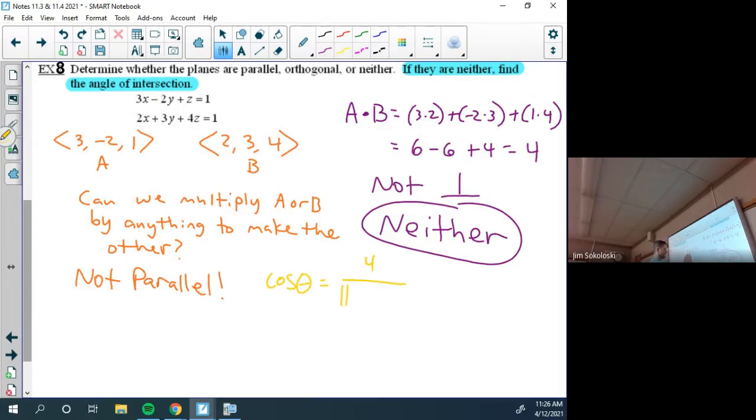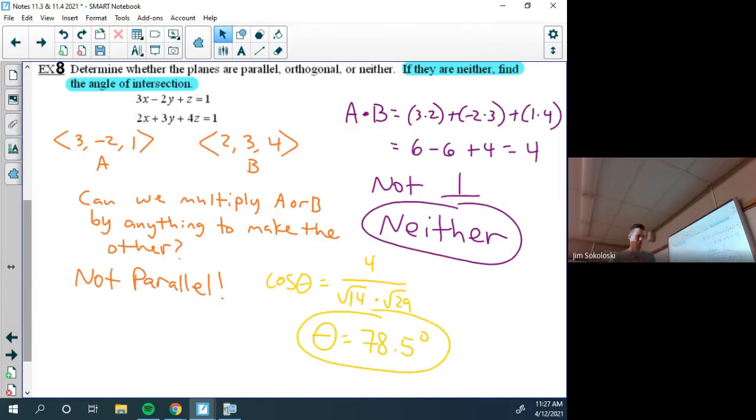The magnitude of A is going to be 9 plus 4 plus 1, so the square root of 14, times the magnitude of B, which is 4 plus 9 plus 4, giving me the square root of 29. After I do this, I get the angle between them is 78.5 degrees. Literally did the same thing we just did in the question above.